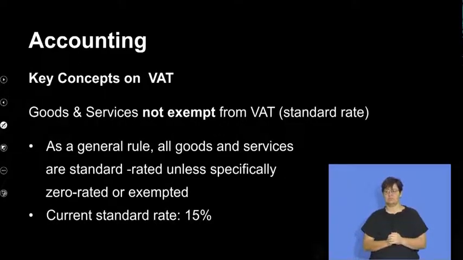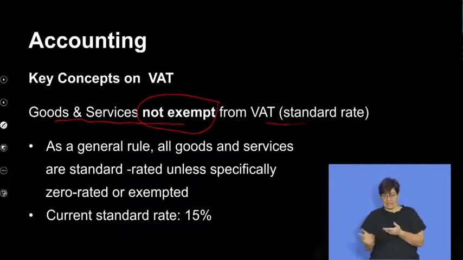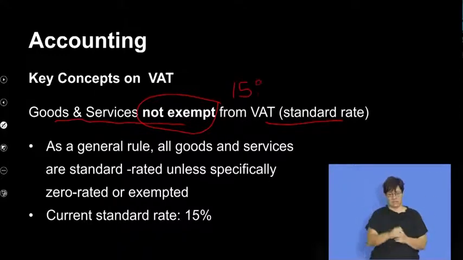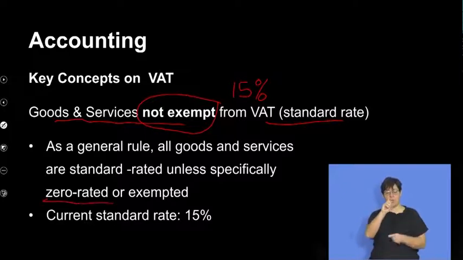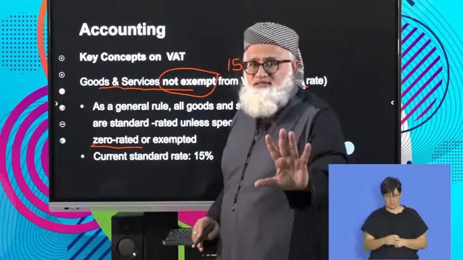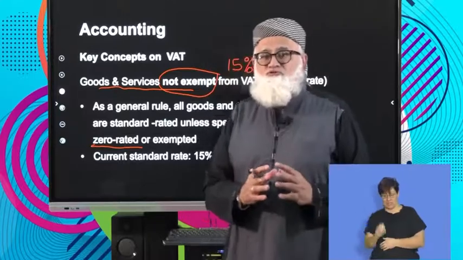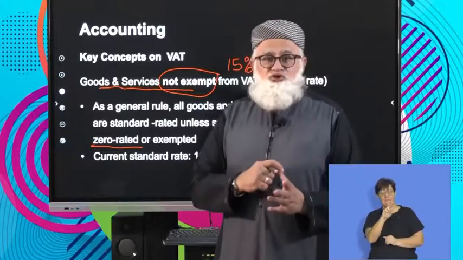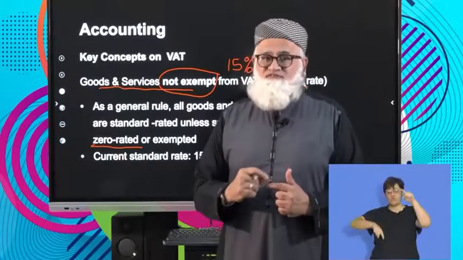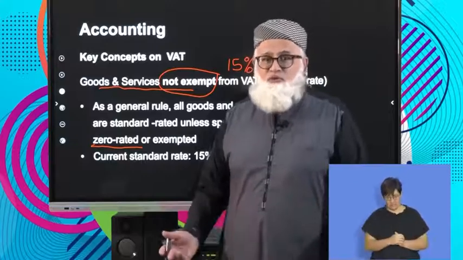Continuing, we're saying that generally your goods and services that are not exempt from VAT will have a standard rate. And we all know that the standard rate is 15%. Then there are items that fall within the category of zero-rated. Zero-rated means that the item has VAT attached to it, but the rate at which it is being charged on that item is 0%.